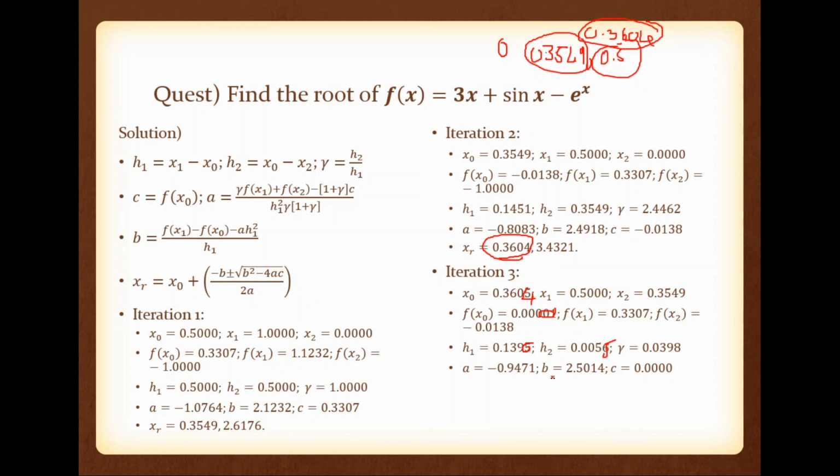After finding A, we use this A to find B. B is equal to 2.5014. C is 0, that is f of x0. So we have A, B and C. By using this A, B and C, we can find XR by using this equation. You can see that XR has one value 0.3604 and a second value 3.0015.